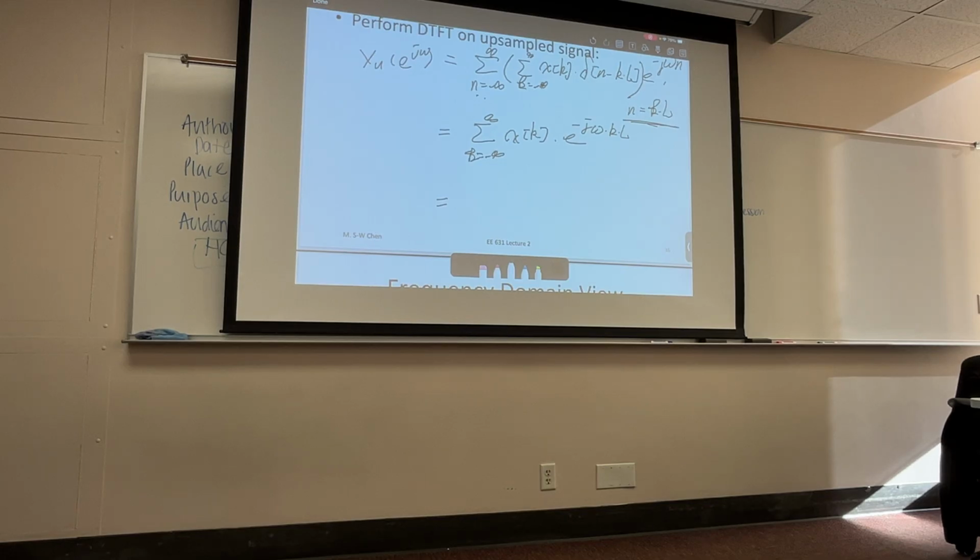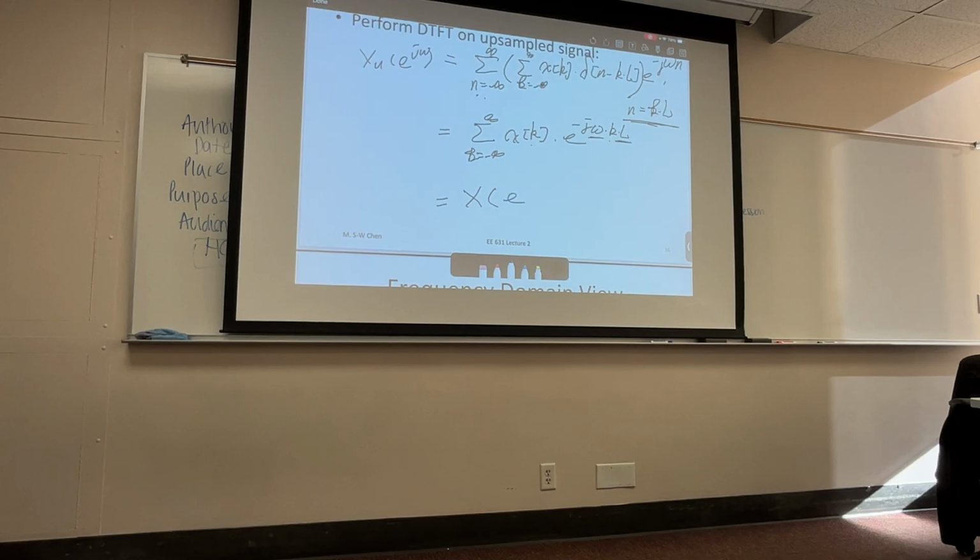So x of k times the exponential function. This looks exactly like a DTFT, except that the frequency here is omega times L, right? You still have a k here.